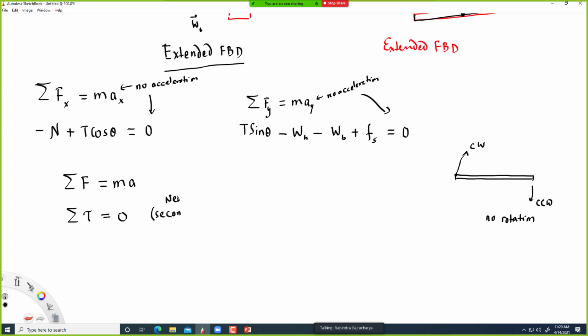Newton's second law for rotational motion. So this means there is no rotation.